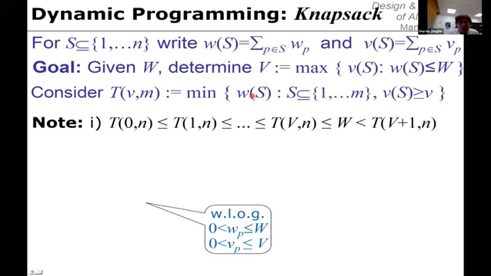Okay, but before looking at the table, let's observe some mathematical properties. Namely, the quantity we're actually looking for is contained in the last column of the table. So when we fix the last parameter to be equal to n, that's what we're actually interested in. So here the last parameter is always n. And now we vary the first parameter v, the value constraint.